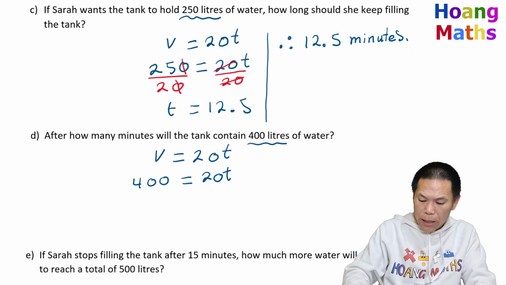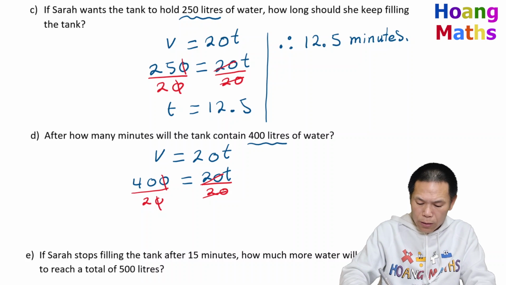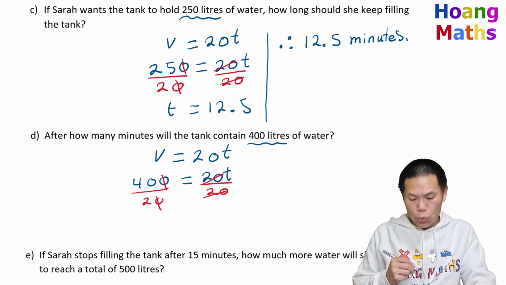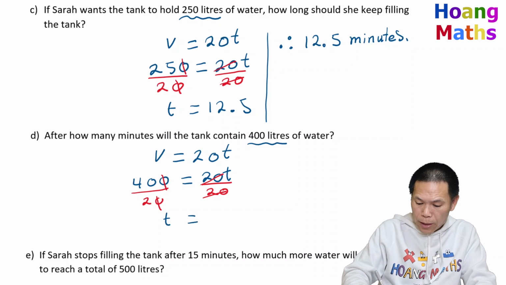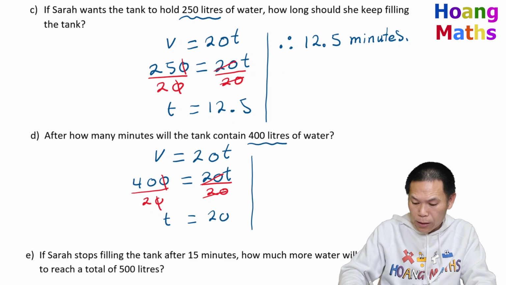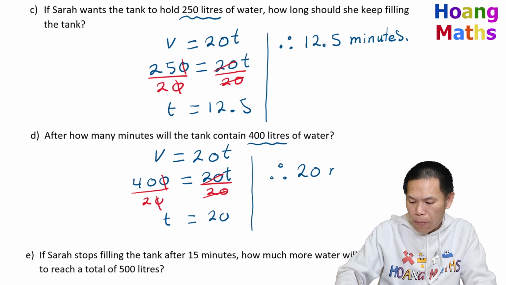So I just divide by 20 on both sides. So that cancels out, this cancels. So 40 divided by 2 is 20. So T is 20. So therefore, 20 minutes.